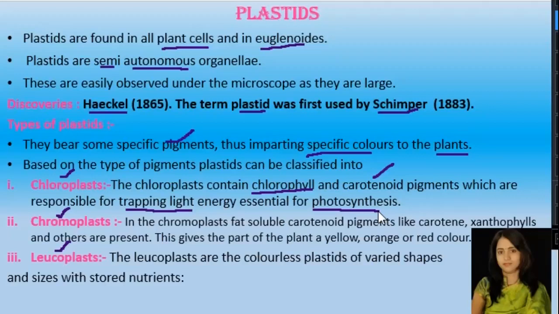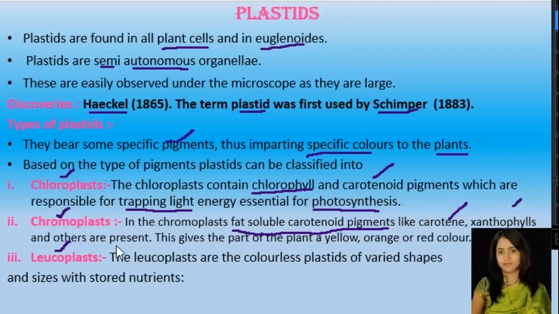Whereas the chromoplast, the name itself suggests that chromo means colored. These are colored plastids, and they contain fat soluble pigments like carotenes, xanthophylls, and other pigments.